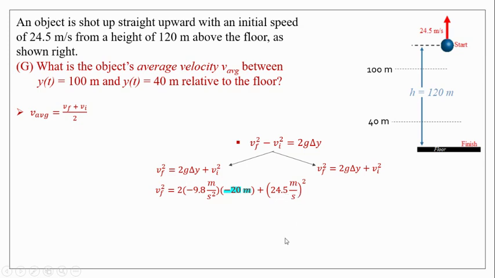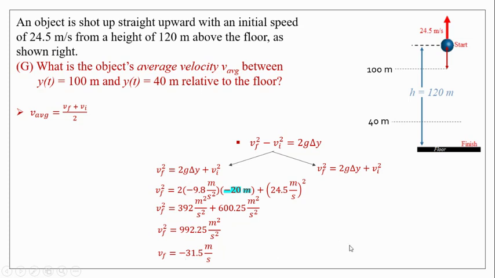I want to square that, and then if you do all your calculator work carefully, you should get a value of negative 31.5. I want to remind you, when you take the square root of a number, you get 2 answers. Here, I've chosen to go with the negative answer because it starts at 120, and I need to know how fast it is moving at 100 meters, which means it's on its way down. Because it's on its way down, I want to use the negative value here.